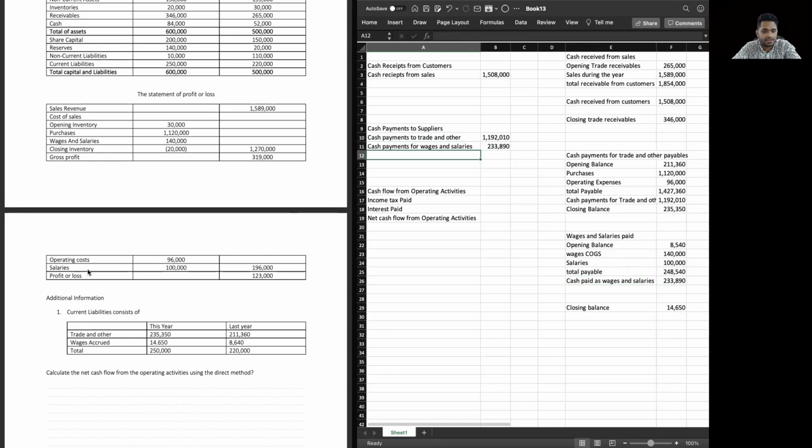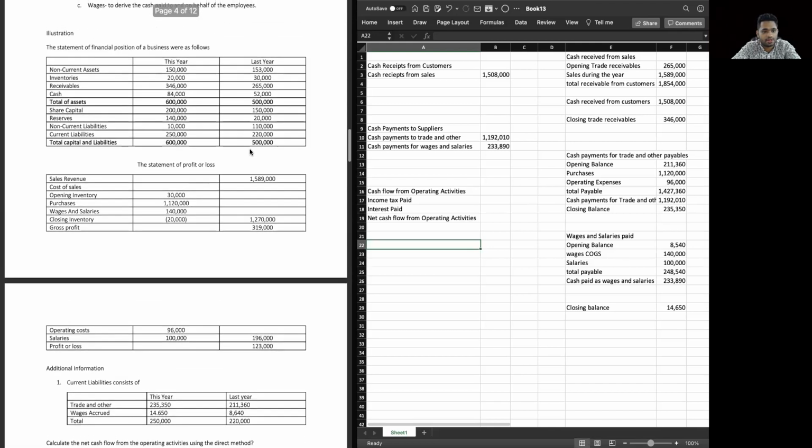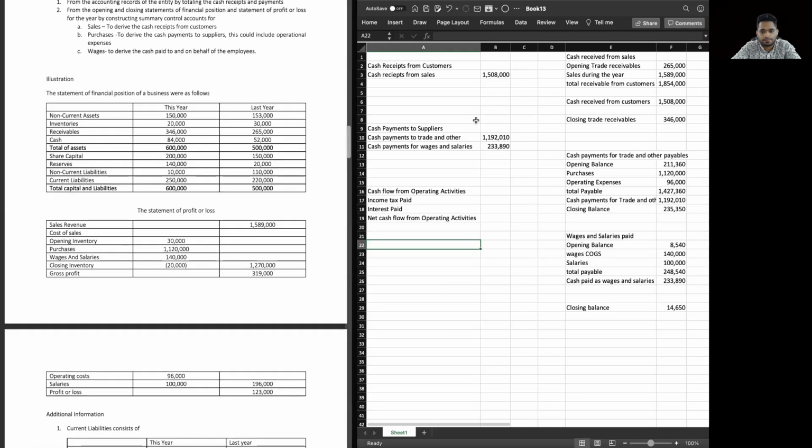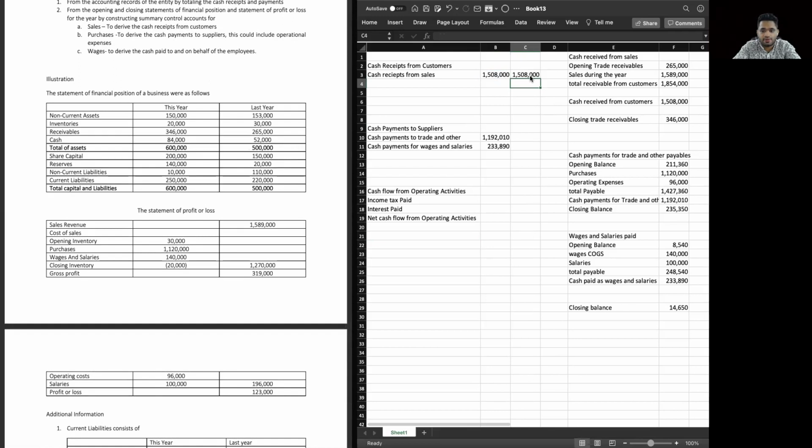So with that, we have taken all the expenses, the operating costs and salaries were also taken in. So we can calculate our operating cash flows. Now, 1,508,000 is going to be the inflows, and your operating cash outflows are going to be 1,425,900.